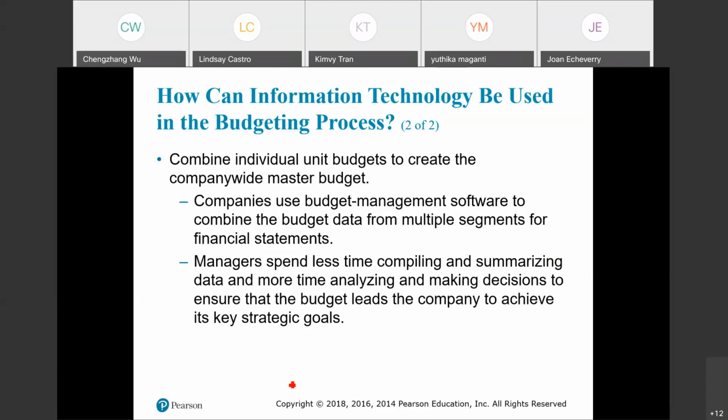Companies often turn to budget management software to solve this problem, often designed as a component of the company's ERP system. This software helps managers to develop and analyze the budget. Software also allows managers to conduct sensitivity analysis on their own segments' data.